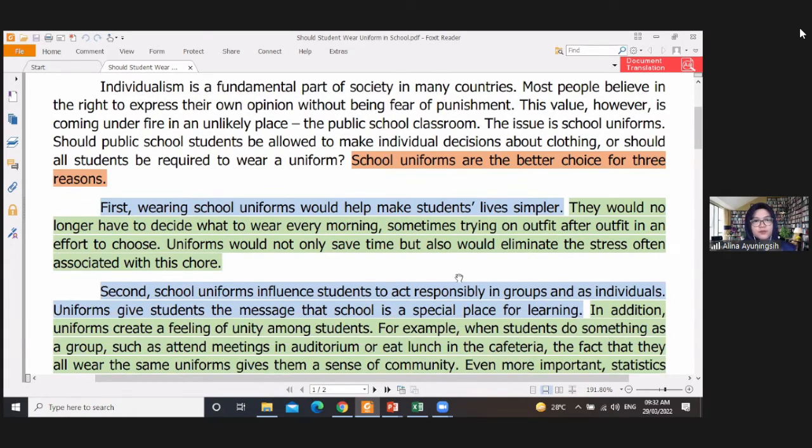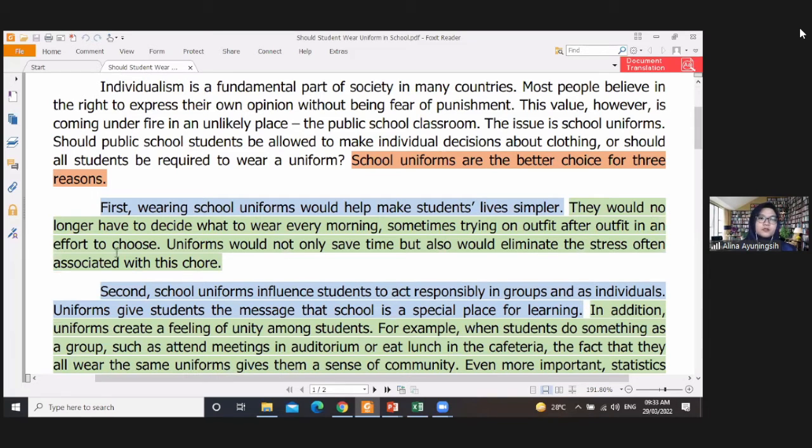The first body paragraph is this one. First, wearing school uniforms would help make students live simpler. This is the first reason on why school uniforms is better. And then the student elaborates or explains more by using this one, the green one.